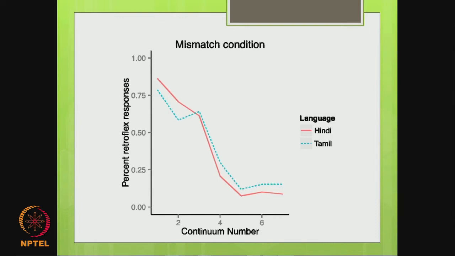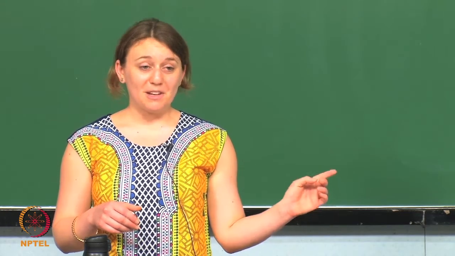This is a mismatch condition, which I didn't play for you. This is where on the step 1 end, the vowel cues sound like a retroflex, but the burst cues sound like a dental, which is a huge mind scrambler, I guess. And here we're actually seeing that the Hindi speakers are classifying more strongly than the Tamil speakers.